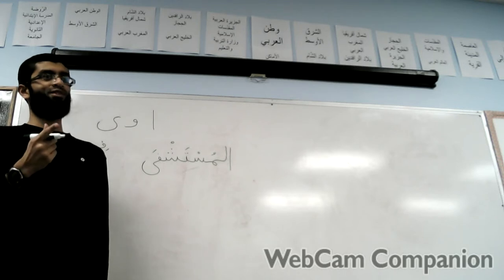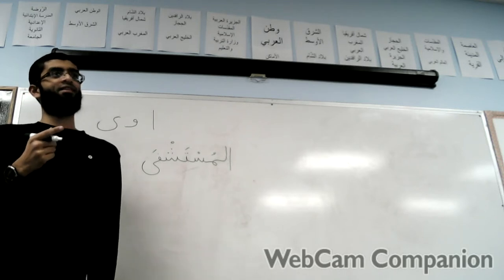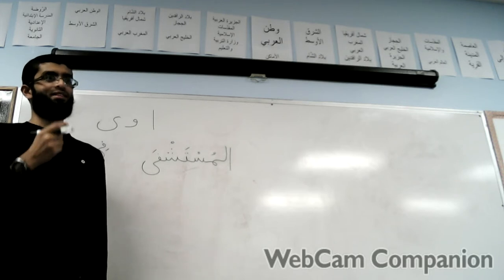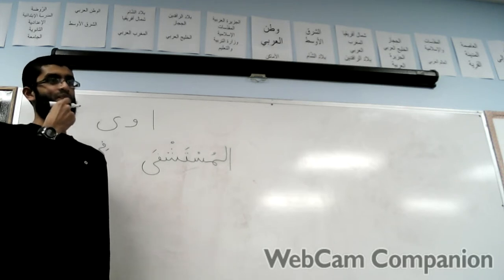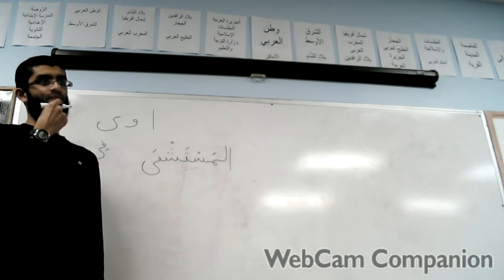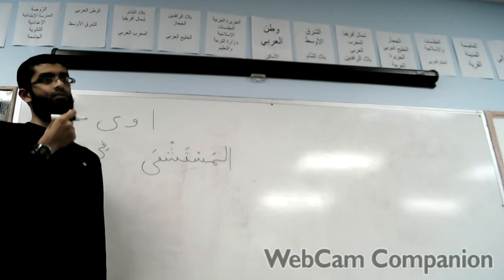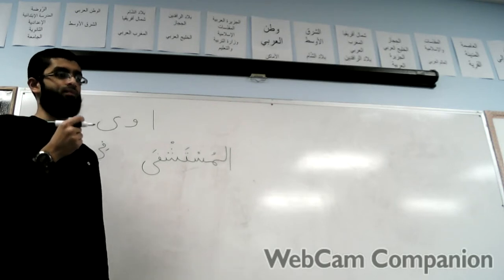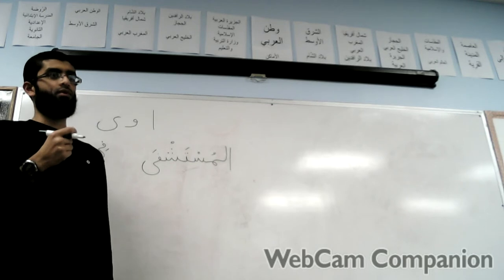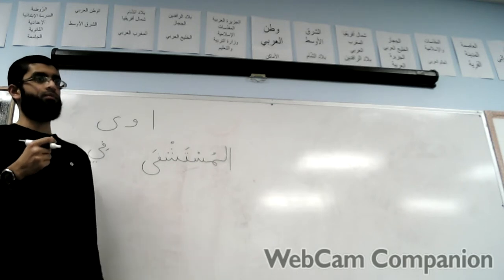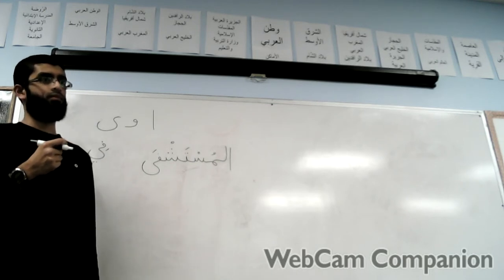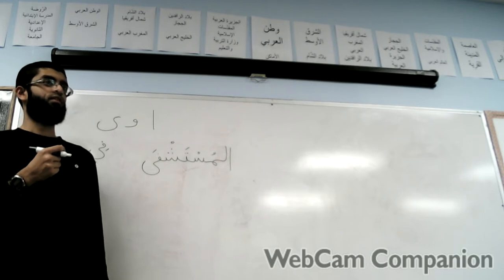Do you have a question? Yeah, what's your name? Amin? Okay, Amin, go ahead. I thought it was actually an alif at the end because I was in Sister Wafad's class for Arabic, and I think that was one of the lessons she told us. That it's an alif? Yeah.